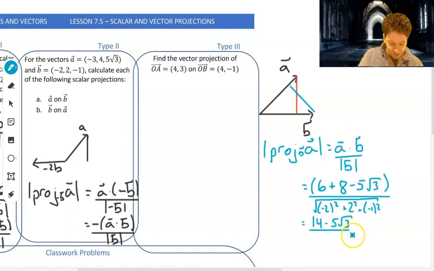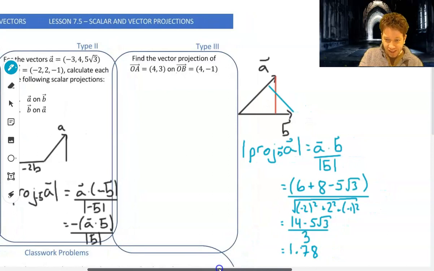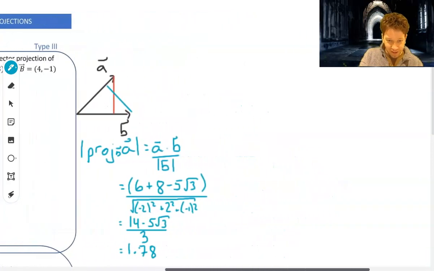And on the denominator, we get the square root of 9, which is 3. And that is approximately equal to 1.78. Okay, well, let's see then what the projection of B on A would be.